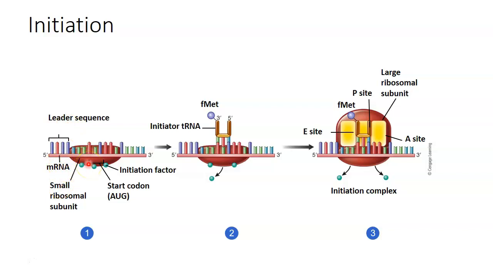okay, and lining it up in the appropriate place. What happens first is the small ribosomal subunit, shown here, is going to bind to the leader sequence, and it's going to get lined up perfectly so that the start codon, which again is always AUG, is kind of in the center of that small ribosomal subunit.